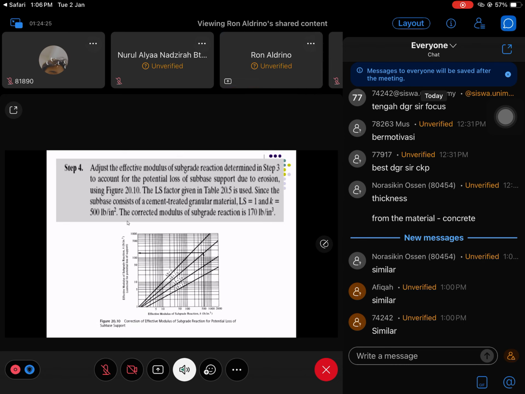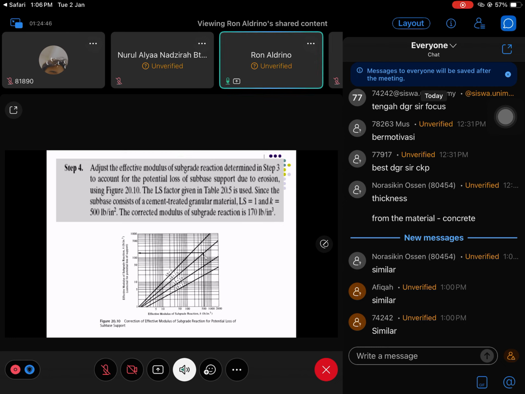Then you adjust the effective modulus to account for the potential loss of subbase support due to erosion. This is Figure 2010 below. The LS factor in 20.5 is used. So your LS is 1. You use 1, and your subgrade reaction is about 500.